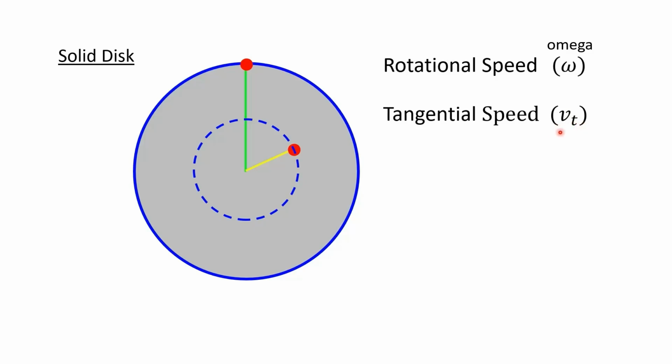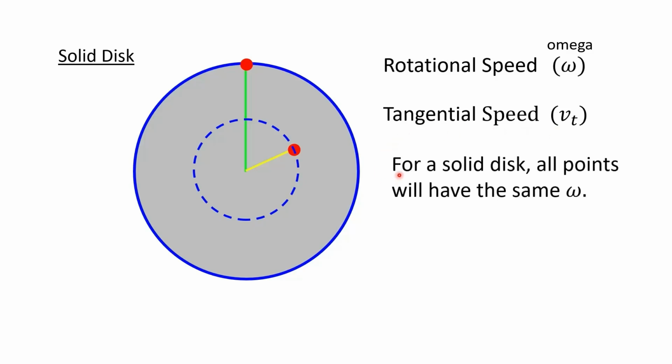So what I've tried to show with these questions I've been asking: first, for a solid disk, all points will have the same omega, or in other words, the same rotational speed. That's true of all solid rotating objects. However, we did find that not all tangential speeds are the same for every point.